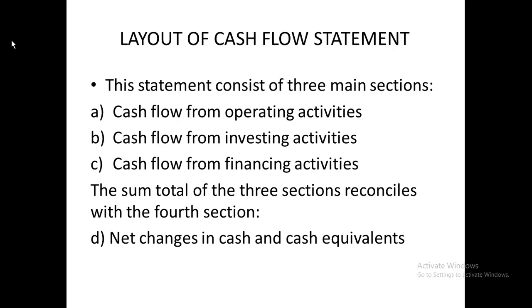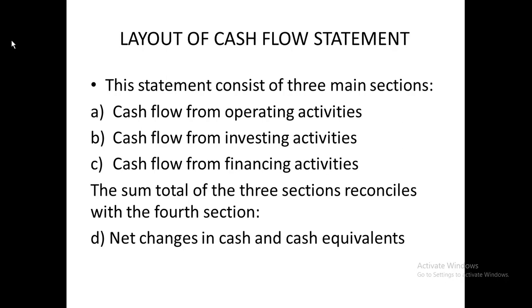Let's now go to the layout of the cash flow statement. The cash flow statement consists of 3 main sections. We have what we call the cash flow from operating activities. This is the main income generating activity of the company. For example, if you are in the business of buying and selling, your cash flow from operating activities is from sales.